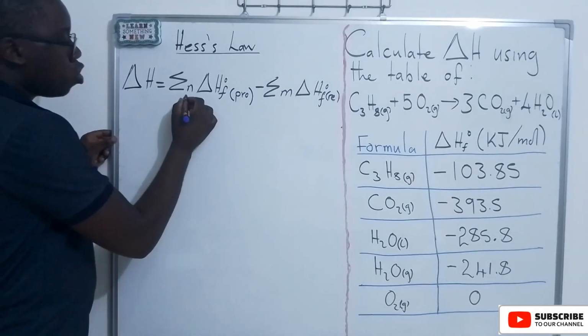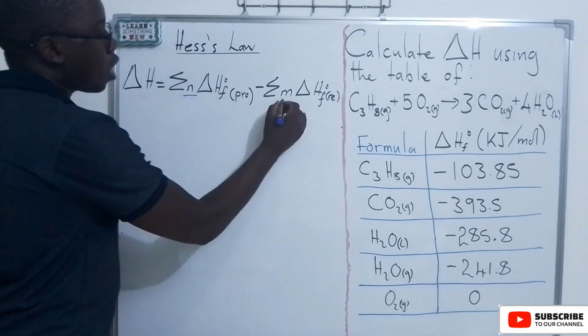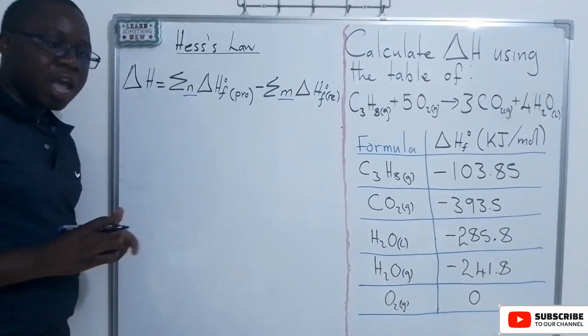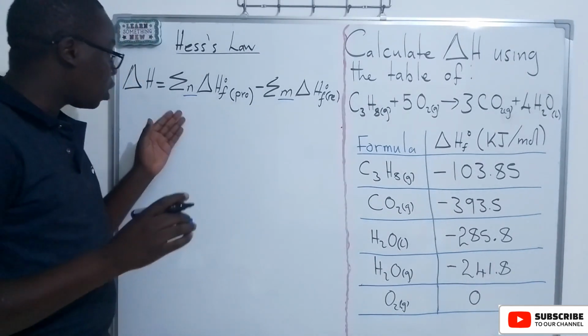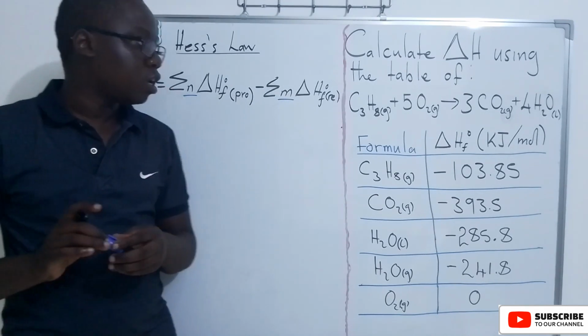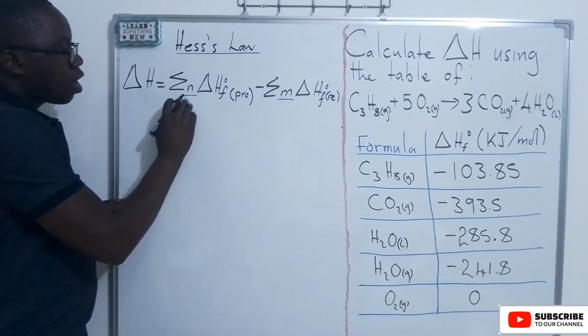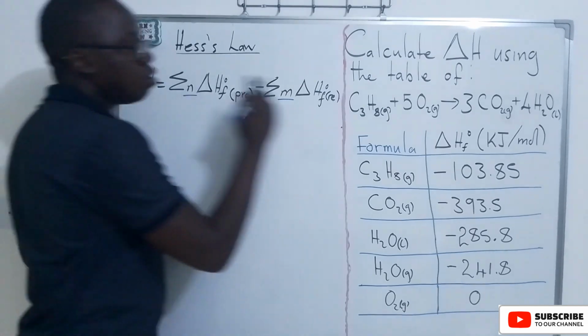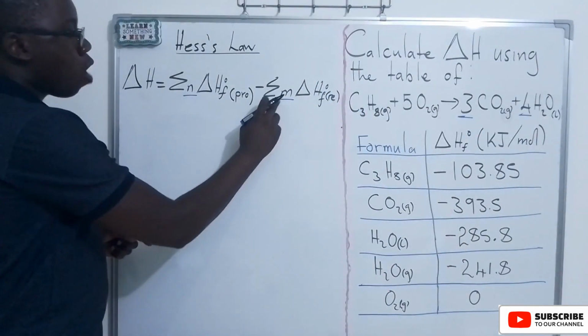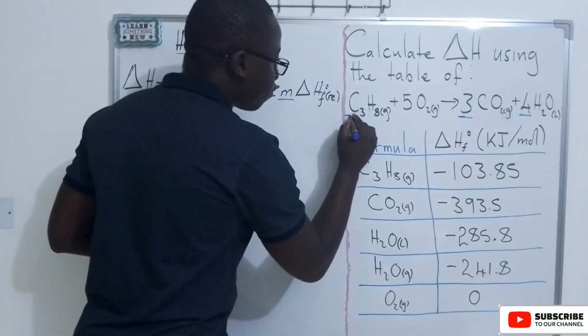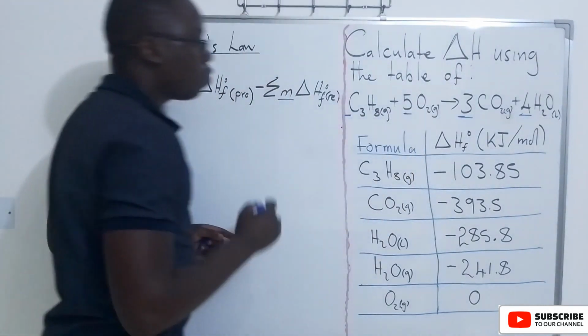In the equation, you will notice there is n and m. n and m are the stoichiometric coefficients that we find in the equation. So in this case, n is the 3 and the 4 here, while m is the 1 that we have here and the 5 that we have there.